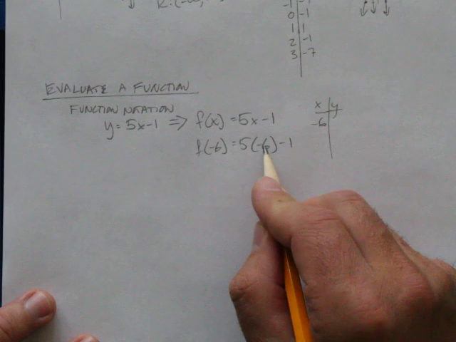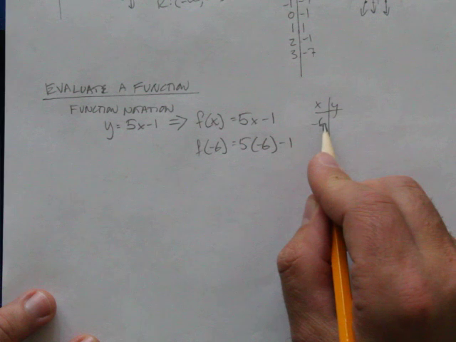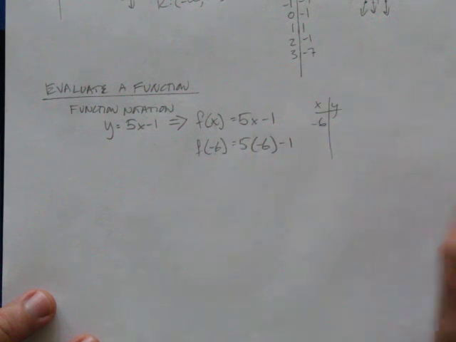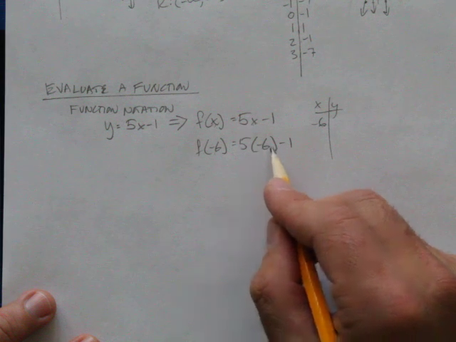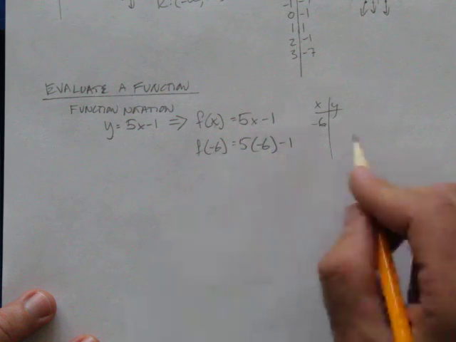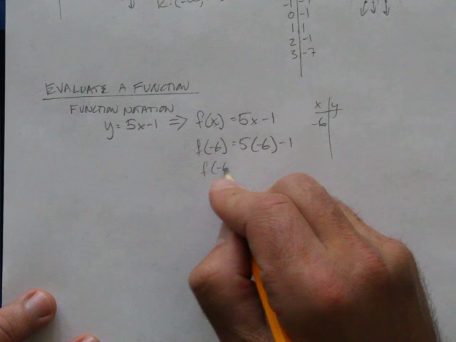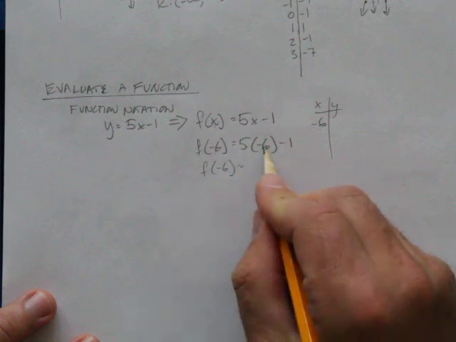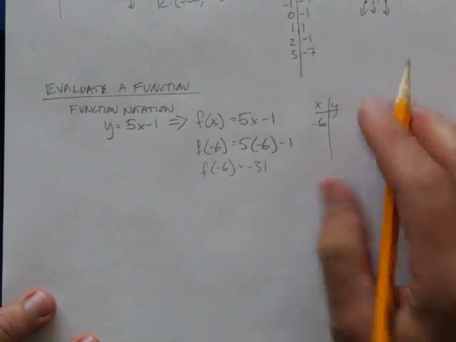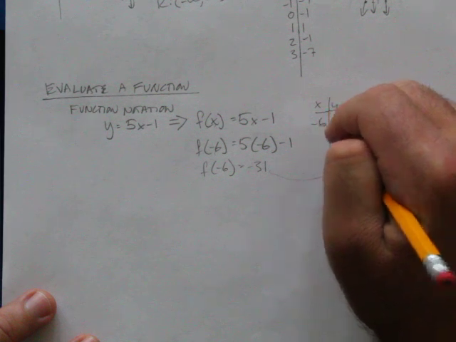F of negative 6, and I just switch the x variables for the x value I'm trying to find the output for. What am I going to get for my y value? So f of negative 6 equals negative 30 minus 1, which is negative 31. So my y value when x is negative 6 is negative 31.